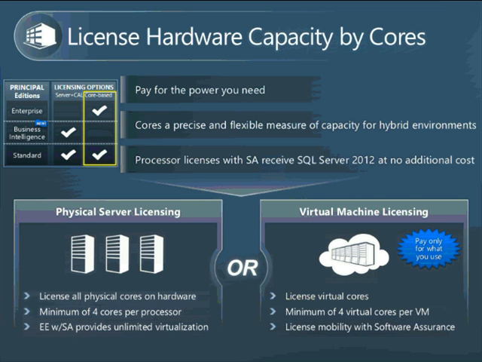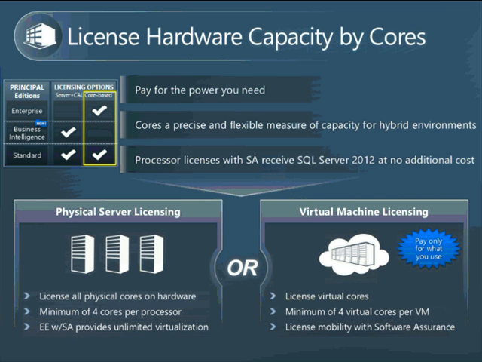So if you've still got older hardware out there that supports 1 or 2 cores per processor, you still need to assign a minimum of 4 core licenses. And then we'll talk about that virtualization stuff in a second. On the virtual machine side of things, then, you license the virtual cores that are assigned to the VM.